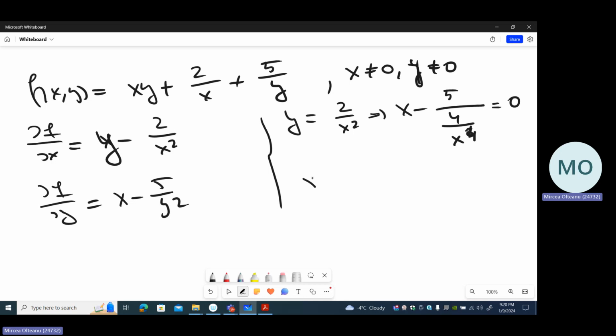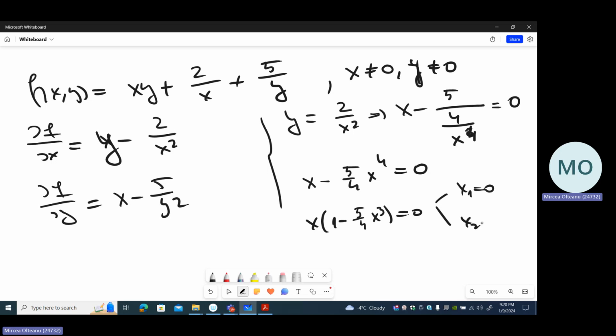Which means x minus 5 over 4 x to the 4 equals 0. x times 1 minus 5 over 4 x to the 3 equals 0. So I have x1 equals 0, and x2 is the cube root of 5 over 4.